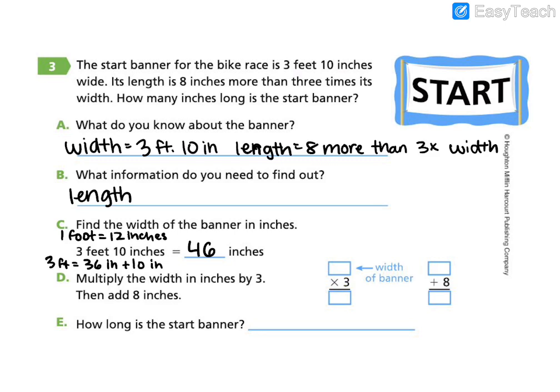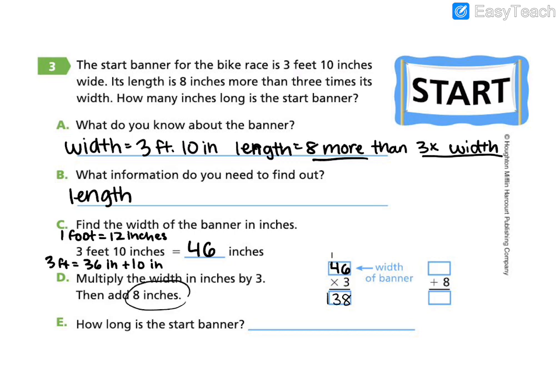Now, the length is 8 more than 3 times the width. So first we find 3 times the width. Okay, go ahead and solve for 3 times the width. Right, you should have found that this was equal to 138 inches.